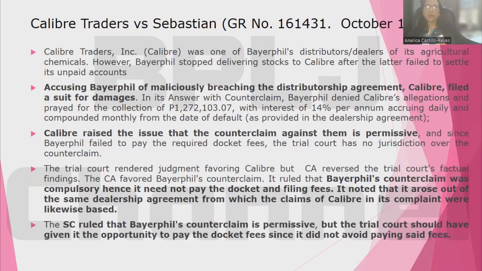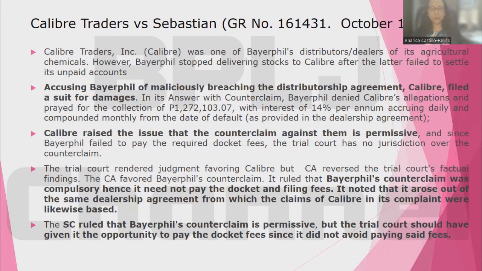Okay, we now go to the case of Calibre versus Sebastian. Calibre was one of Bayer Pill's distributors of chemicals. However, Bayer Pill stopped delivering stocks to Calibre after the latter failed to pay its unpaid accounts. Now, accusing Bayer Pill of maliciously breaching the distributorship agreement, Calibre filed a suit for damages.